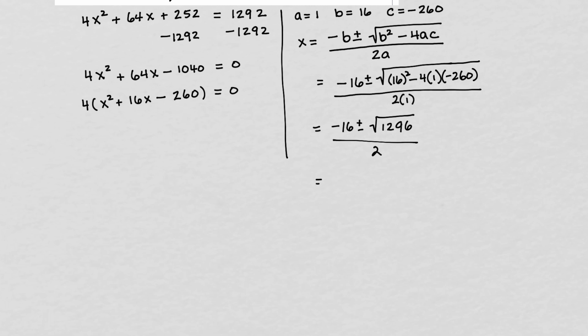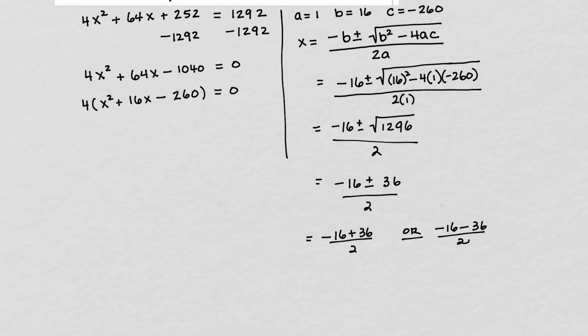Okay, so this is going to be negative 16 plus or minus 36. So the square root of 1,296 is 36. And I can say that this is equal to negative 16 plus 36 over 2, or negative 16 minus 36 over 2.